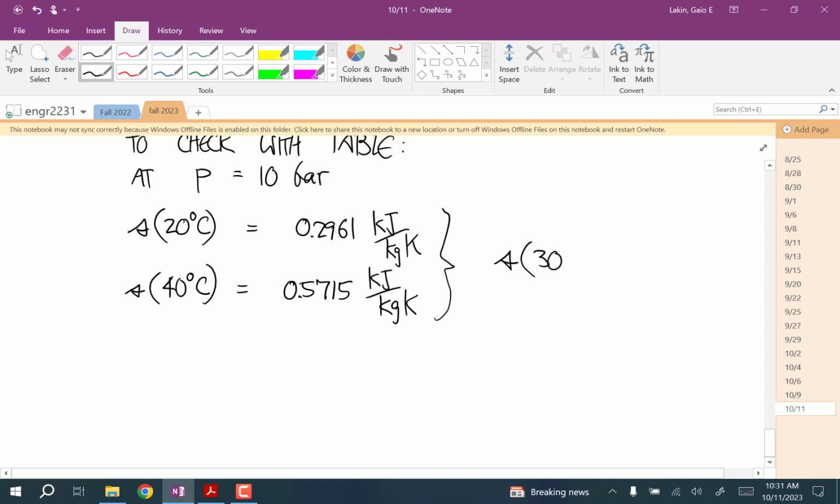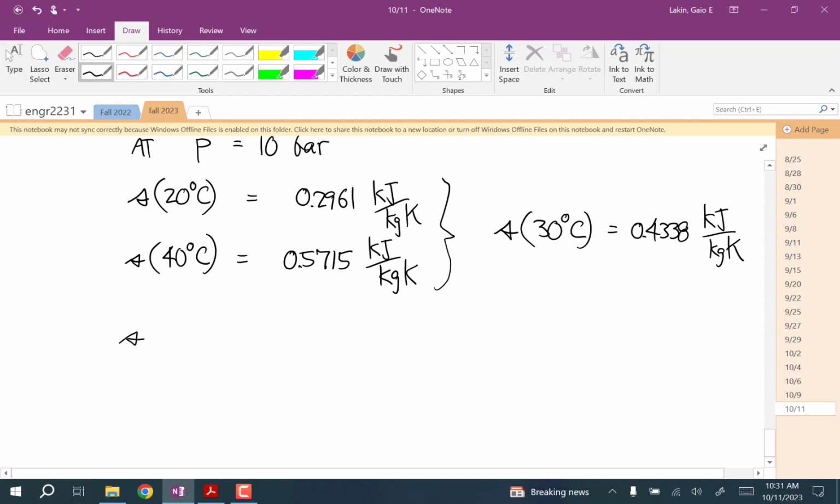Well, since it's the exact midpoint of those temperatures, it's just going to be the midpoint between these. If you don't see that, you can just use the interpolation formula. And you get 0.4338 kilojoules per kilogram Kelvin.